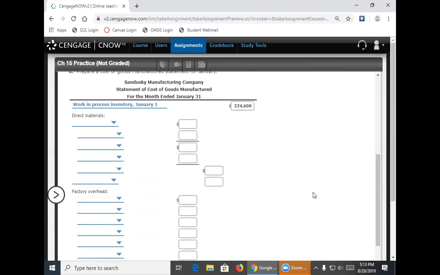Purchases were 1,375,000. Okay. So we add those two together. To save on time, I'll just give you these numbers. Should be 1,555,000.